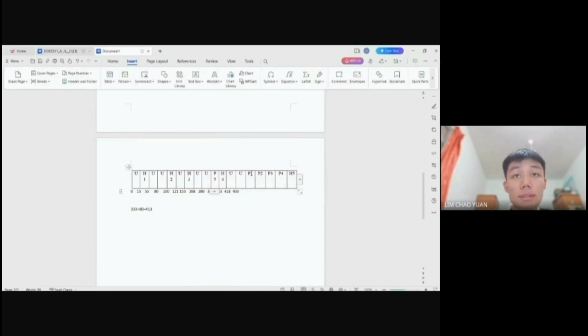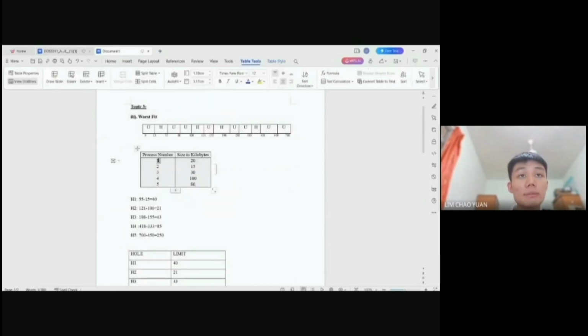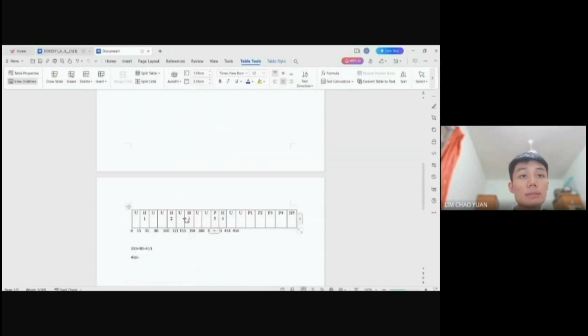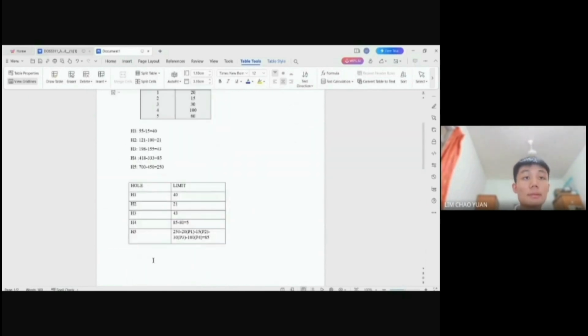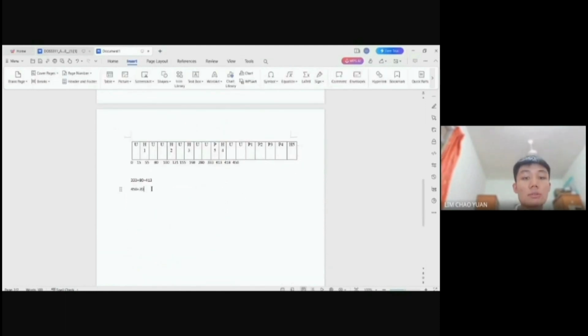Okay, when we see this P1 value, right? The 415, we must plus again the P1 value. The size is 20, right? So we plus the 20. So we can get 417. So we have here 417.